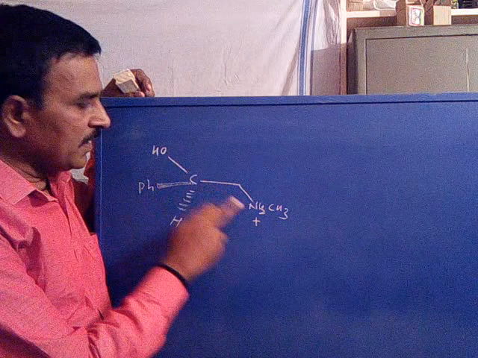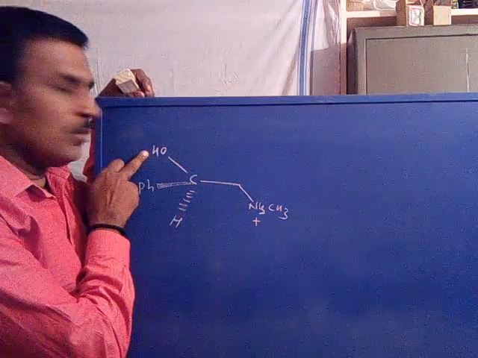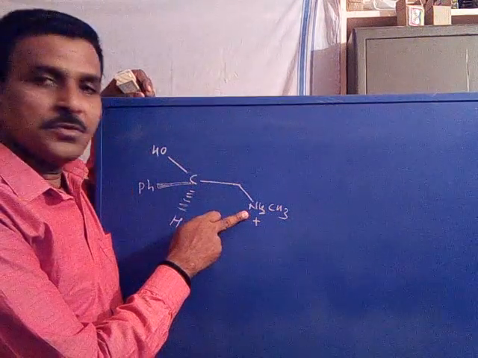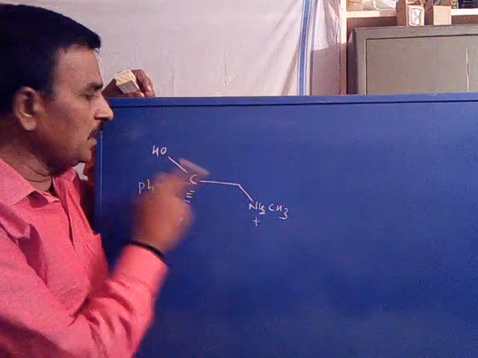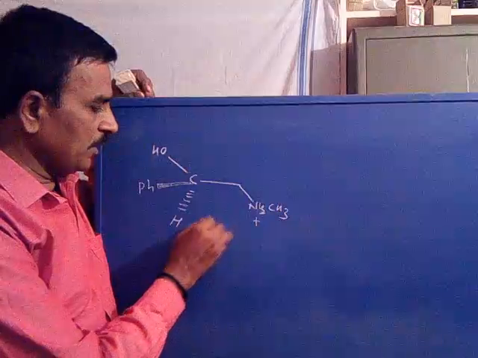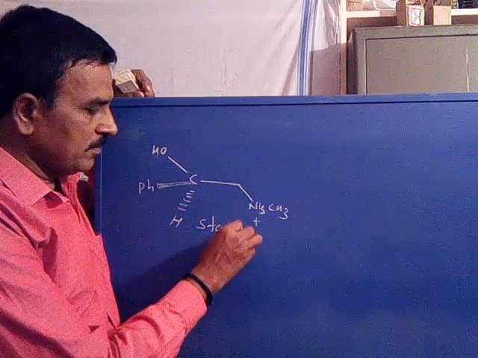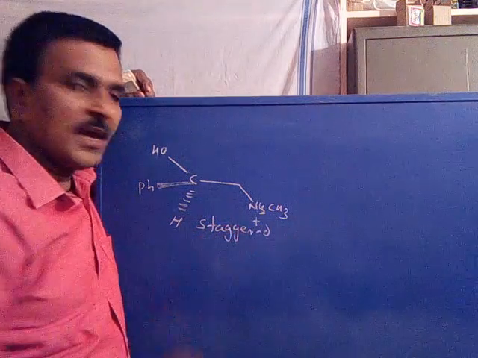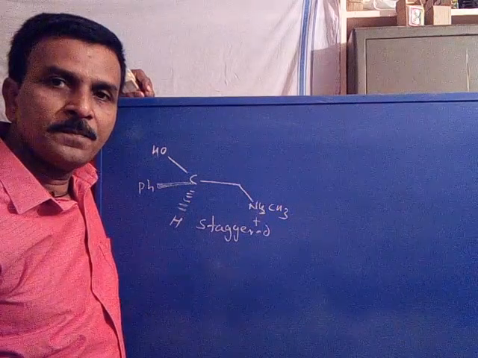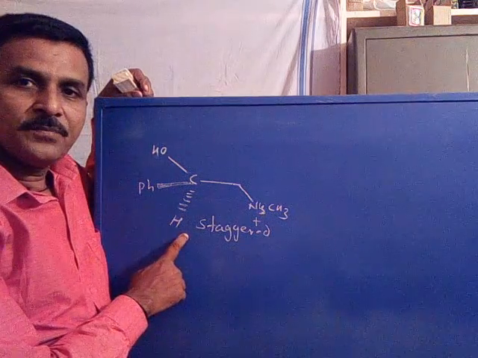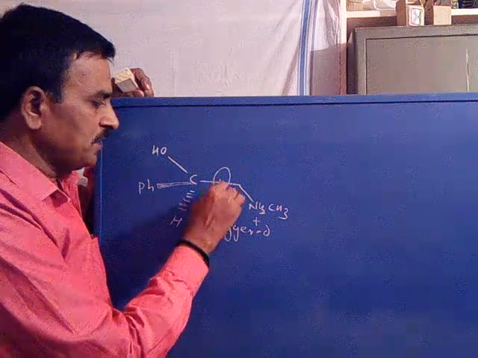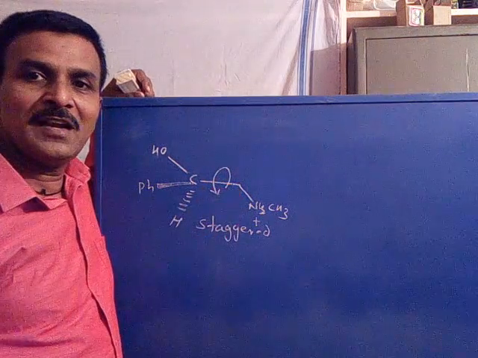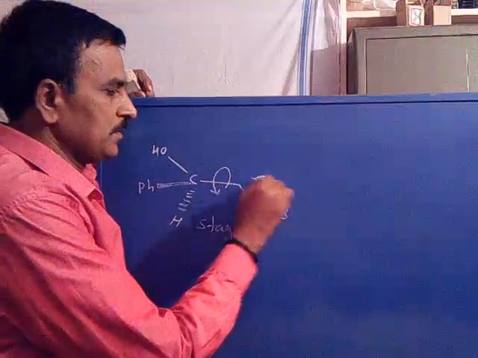Now this is the staggered conformation, where the OH group and the NH2 plus group are opposite with respect to each other. It may change its conformation by rotation from staggered to eclipsed conformation.